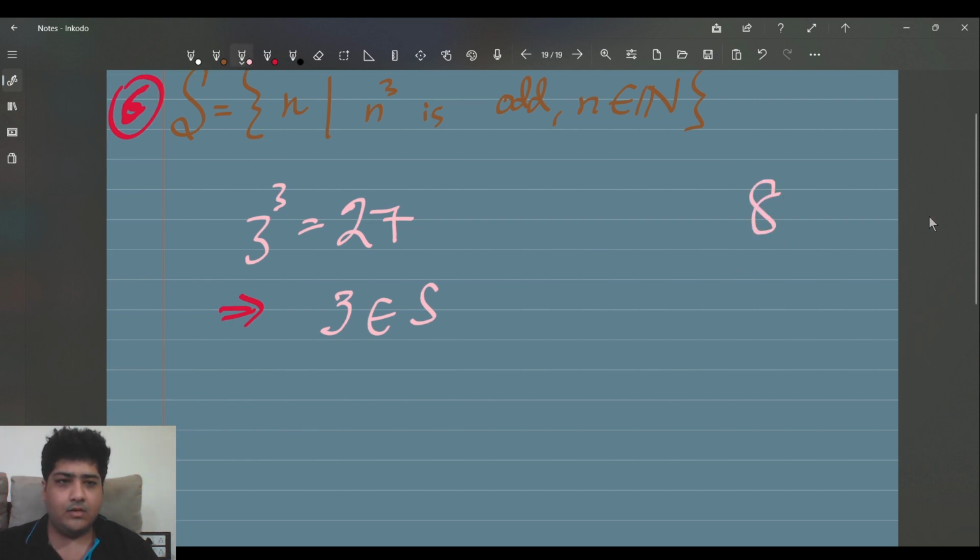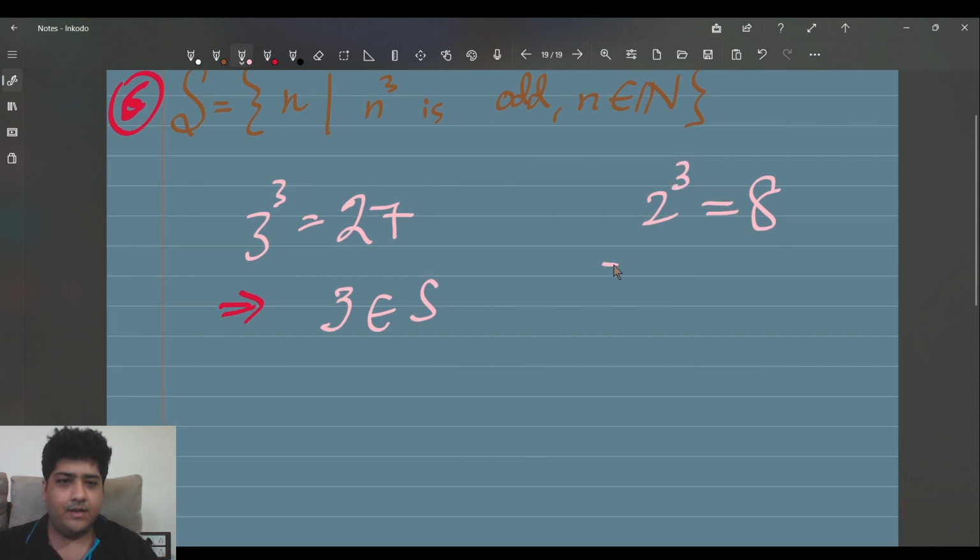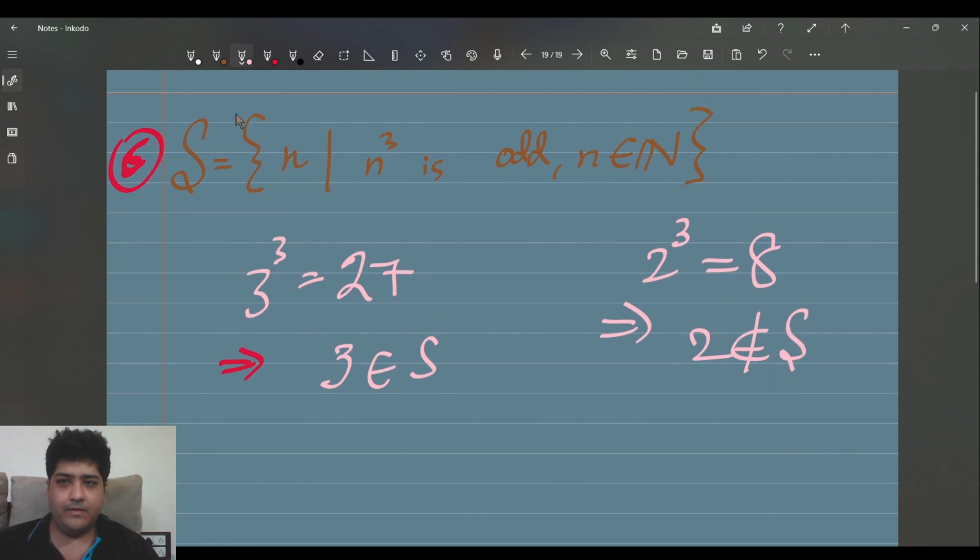Is 8 odd? No. Then 2 cube is actually equal to 8. This would imply that 2 will not belong to the set. So do we understand what is happening now? Given any number, we'll look at n's cube and determine whether it's odd or even.